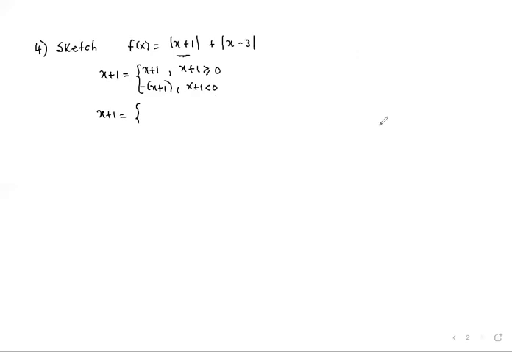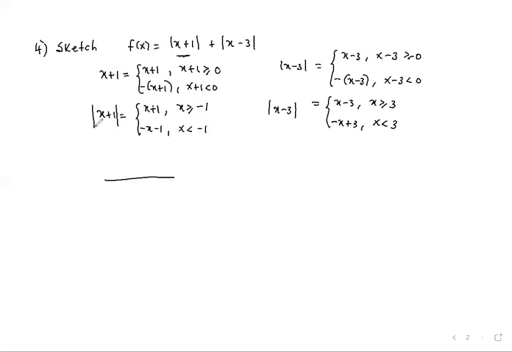We are saying this is equal to x plus 1 if x plus 1 is greater than or equal to 0, and it is equal to negative x plus 1 if x plus 1 is less than 0, by definition. You can as well say this is the same as x plus 1 with x greater than -1 and negative x minus 1 with x less than -1.